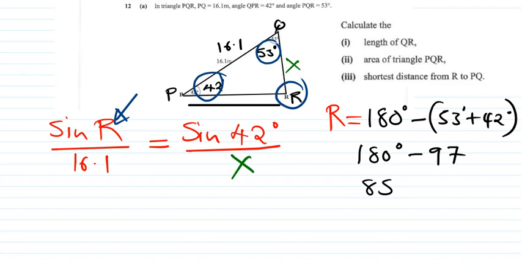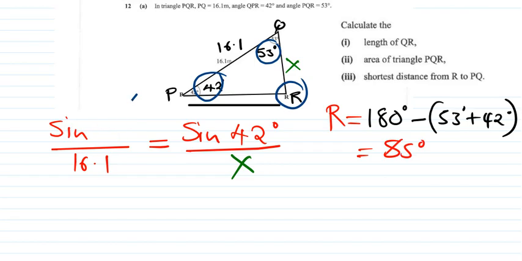Why did I say 97? So 95, and 180 minus 95 is 85. So we have 85 degrees, and where there's r, we can confidently put 85 degrees.